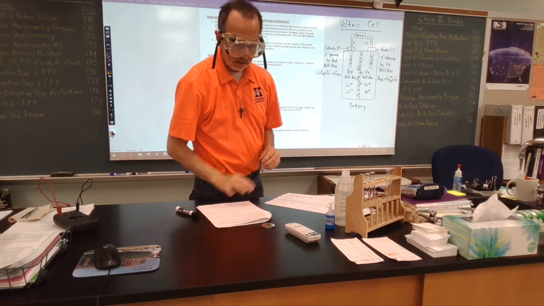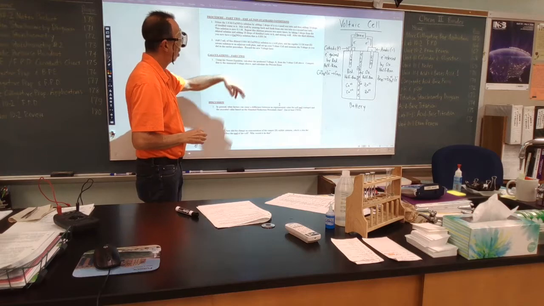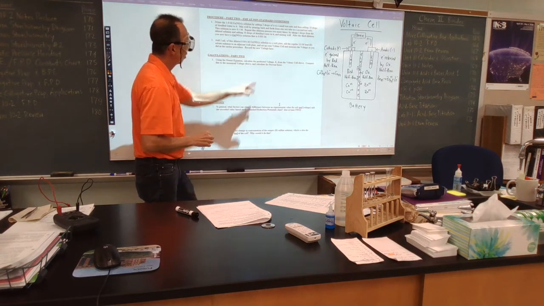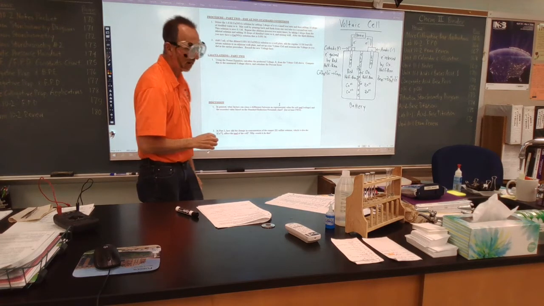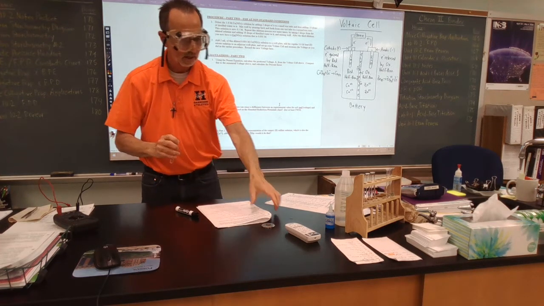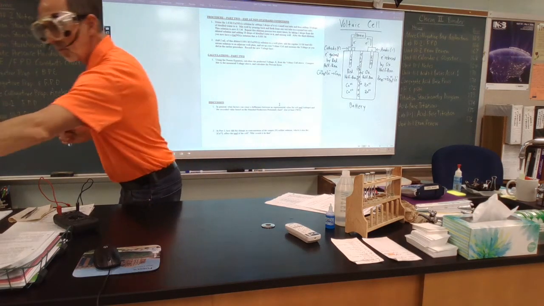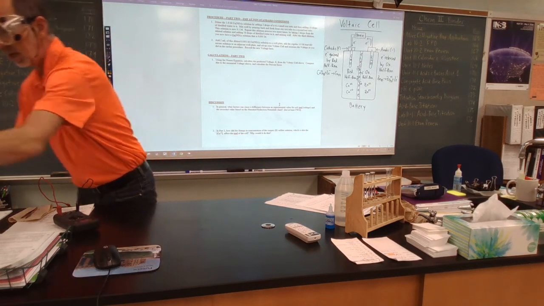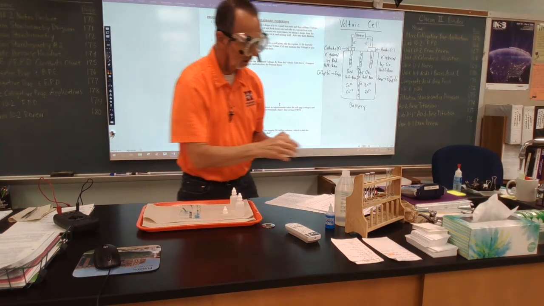Now, I'm going to add 2 mLs of this 0.001 molar to a well plate, use the regular 1 molar lead nitrate solution in an adjacent compartment, and set up another voltaic cell. Okay, so let's do that.